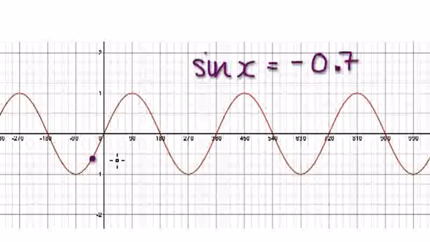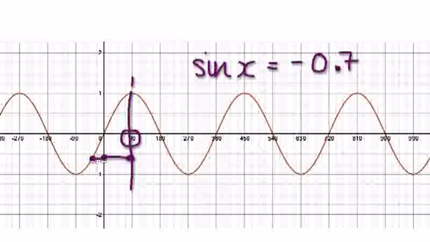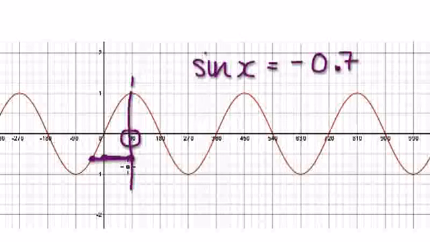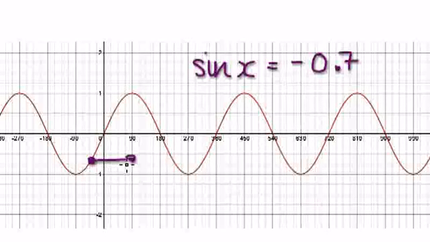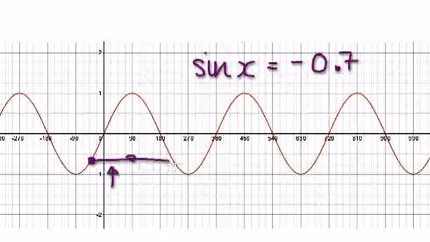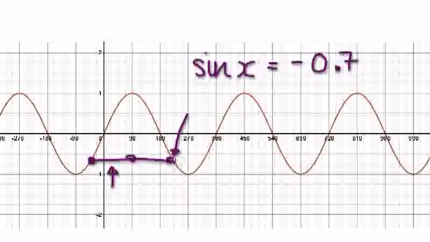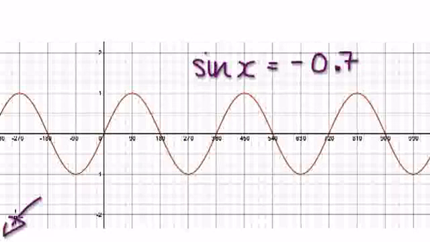Once you've got this solution, you know this distance here. If you use the symmetry along the 90 mark and add 90 to what you already know, that will give you this distance. Then from that, you can add 90, and that will give you this solution. Anyway, do whatever you want. Press pause and have a go.